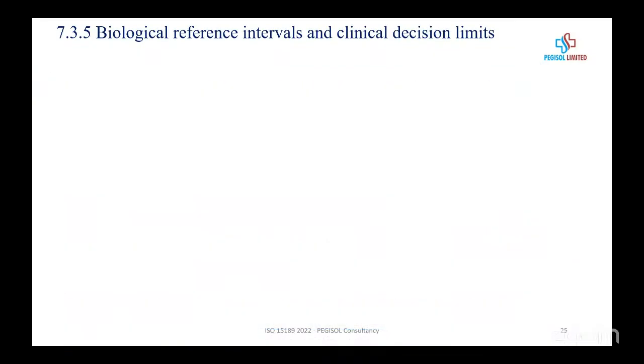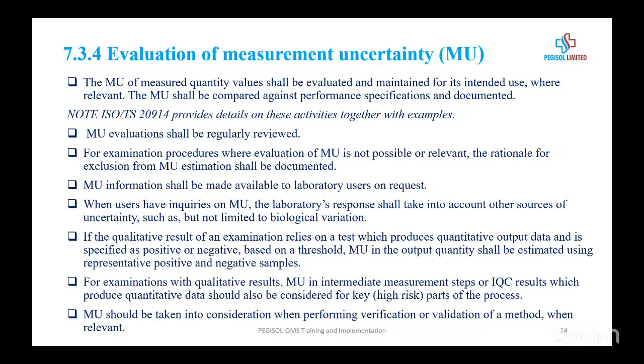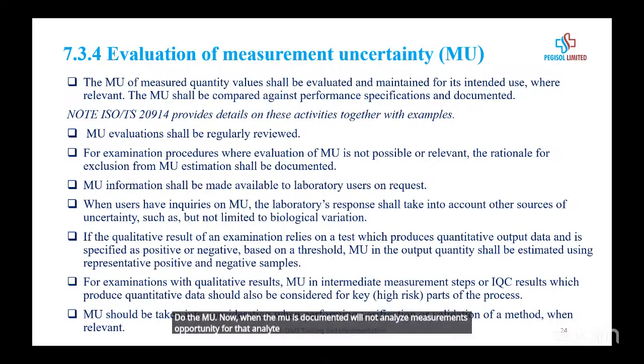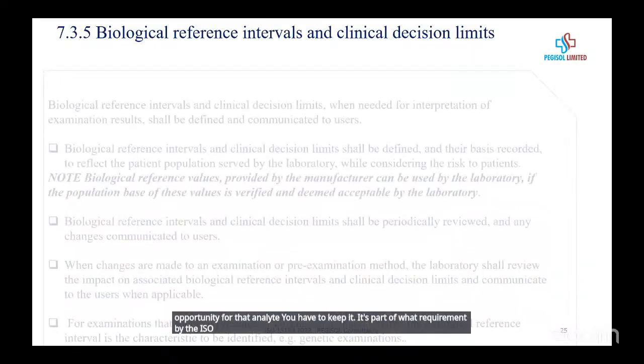So, method MU: for every measurement, there's a level of uncertainty. So this MU measures the quantity value to be evaluated. So you have to do the MU. When you do the MU, you document it for that analyte, the measurement uncertainty for that analyte, and you have to keep it. It's part of the requirement by the ISO 15189.